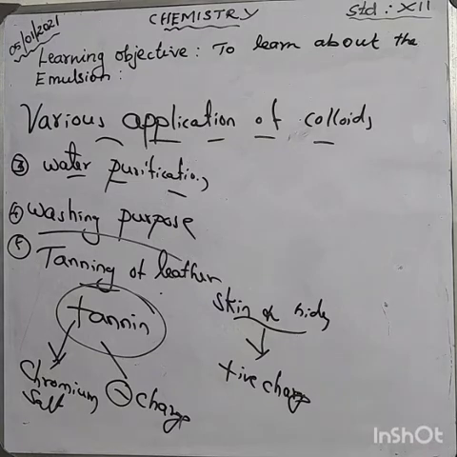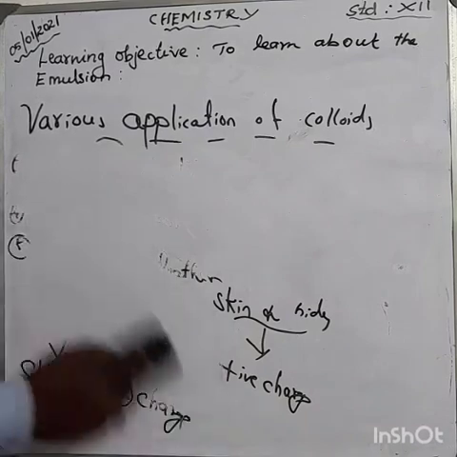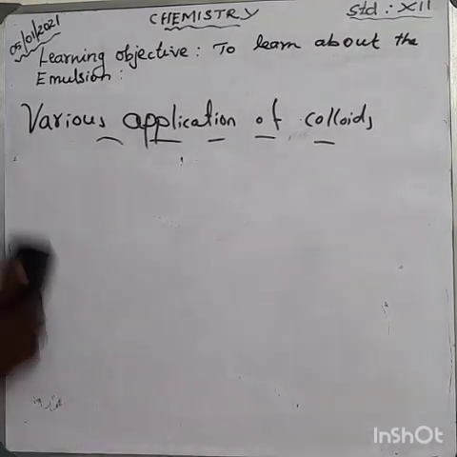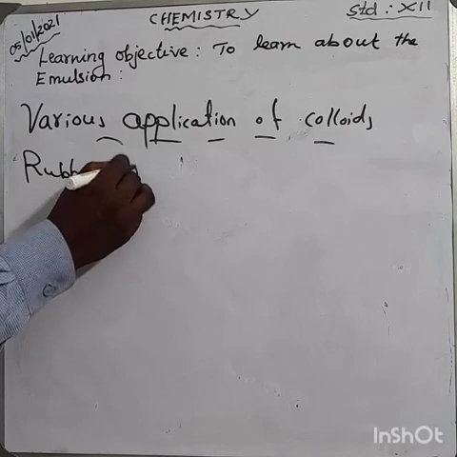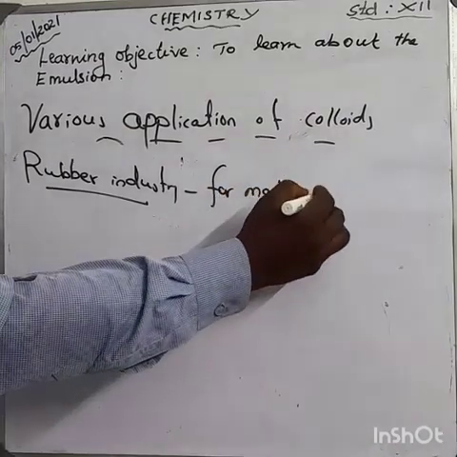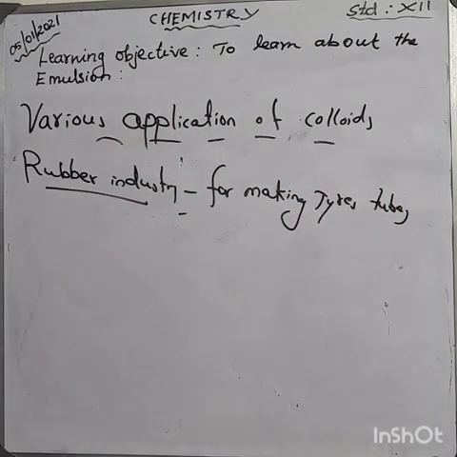Next is the rubber industry, for the latex. All of you know about latex. It is used for making tires, tubes, etc. Latex is the emulsion of natural rubber with negative particles.